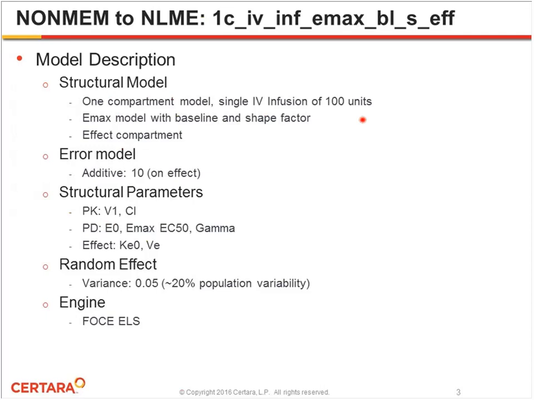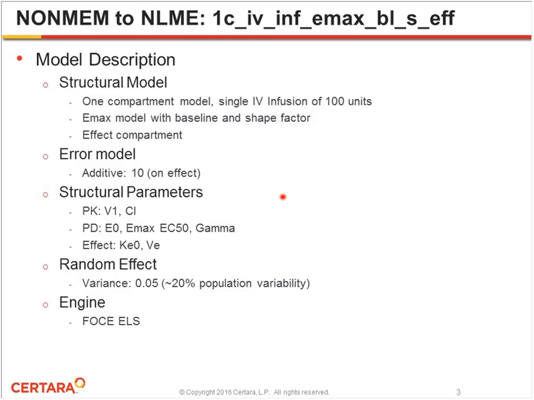And as I said, we also have an effect compartment. For the error model, we are looking at the effect observations only, so the responses. Here we use an additive residual error model with an initial standard deviation of 10.